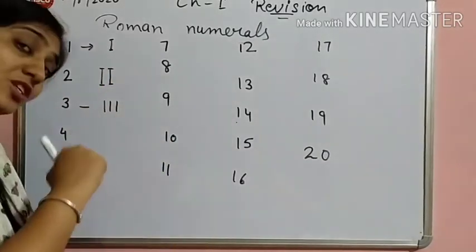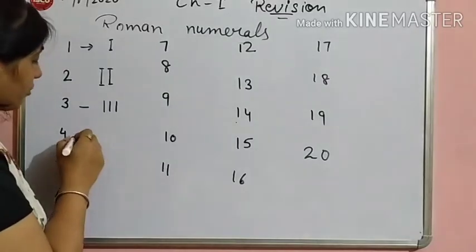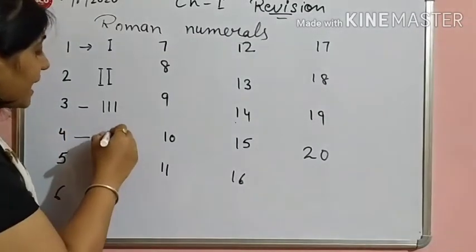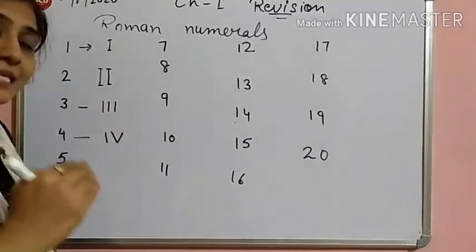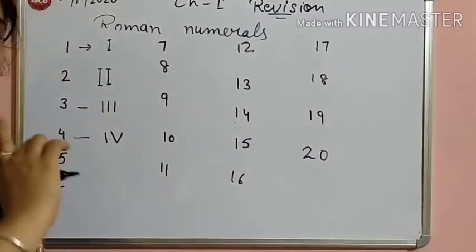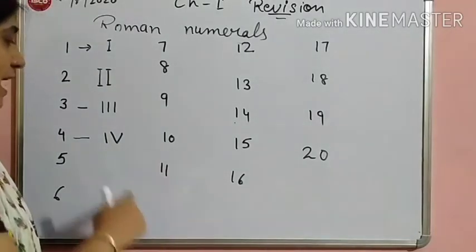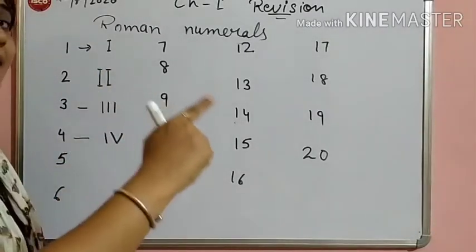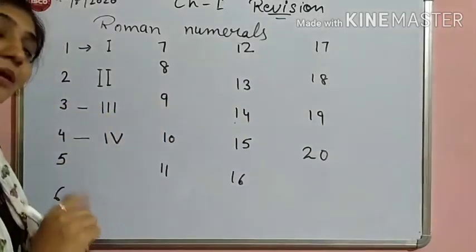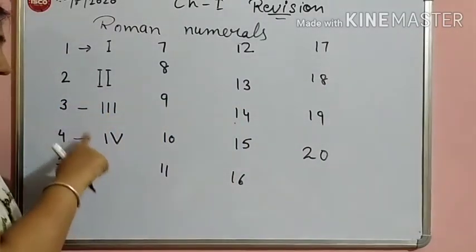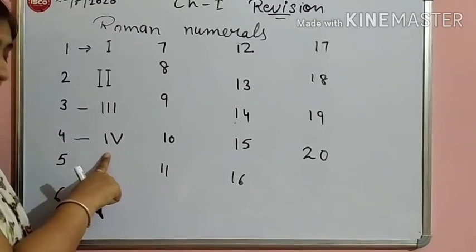It becomes 3. Now how can we write the 4? Yes, IV. As I have already told you, we can't repeat a symbol more than 3 times. That's why I am not going to write IIII for the number 4. So this is V means 5. 5 minus 1. This is 4.